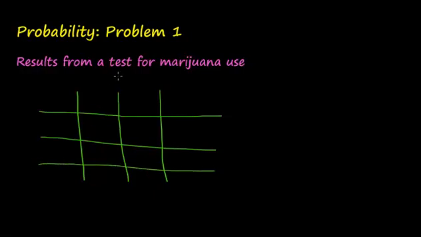Okay, so what we have here are the results from whether or not the person actually used marijuana, and the choices there are yes, they did, or no, they did not.